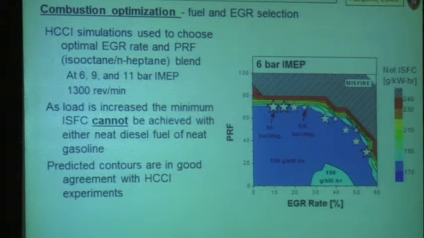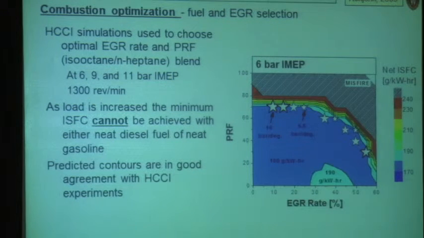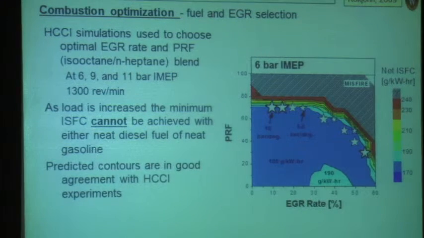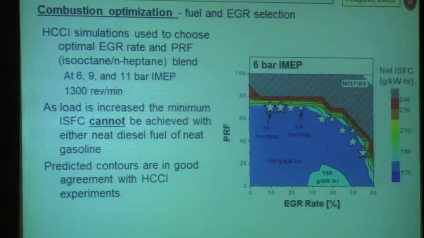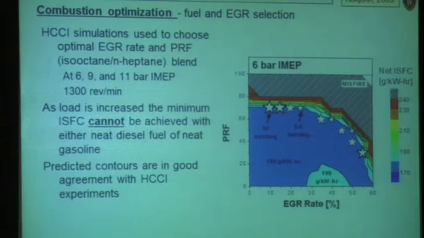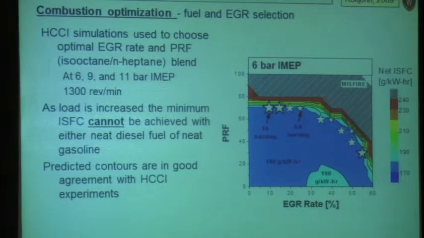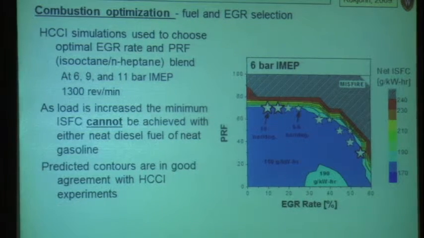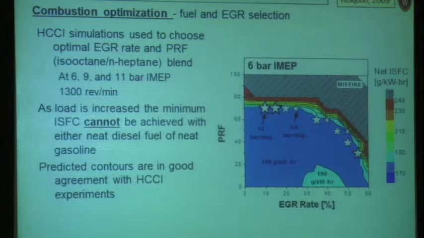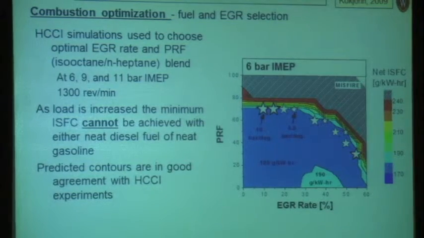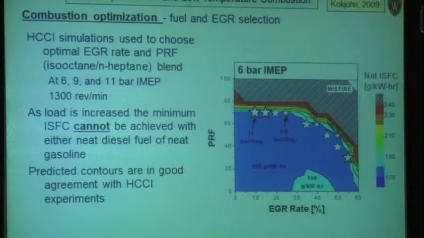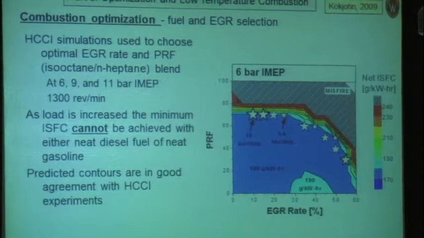So the starting point for us was to say, all right, well, what fuel would you want to use if you were interested in low temperature combustion? So we did HCCI calculations in a heavy-duty diesel engine, a Caterpillar engine I'll describe to you later, where basically we assumed we had a homogeneous mixture of fuel and air in such a proportion that we would be running at about a 6 bar indicated mean effective pressure.